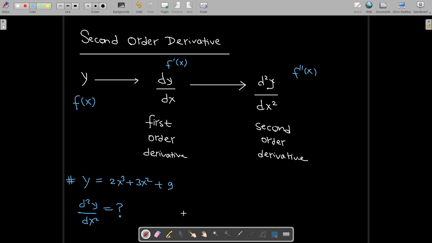So, 2x cubed plus 3x squared plus 9. Okay, solve it.